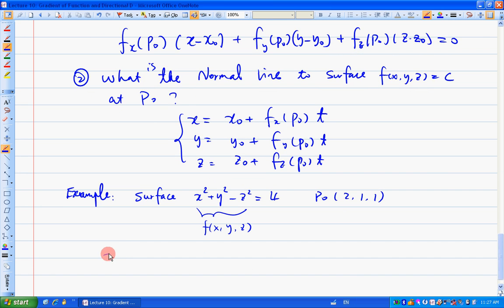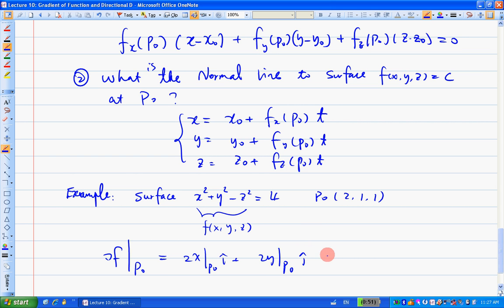So at where? At the P naught. Del f means partial f over x, partial f over y, partial f over z. So this is a simple one here: 2x at P naught, 2y at P naught, 2z at P naught.